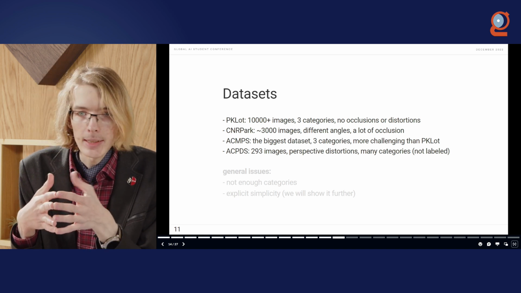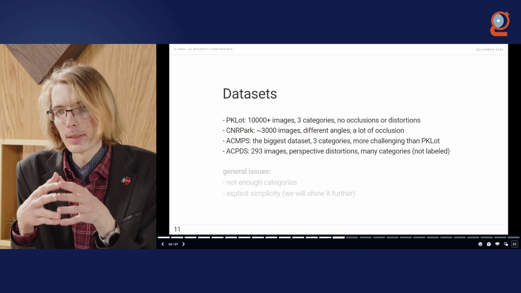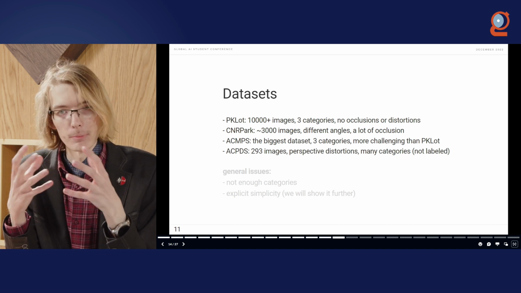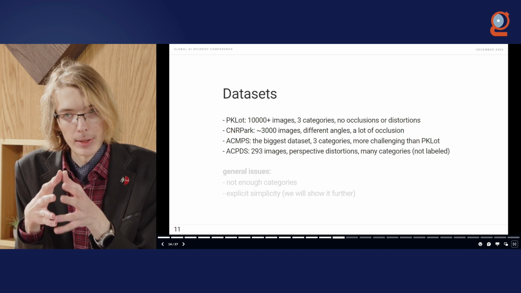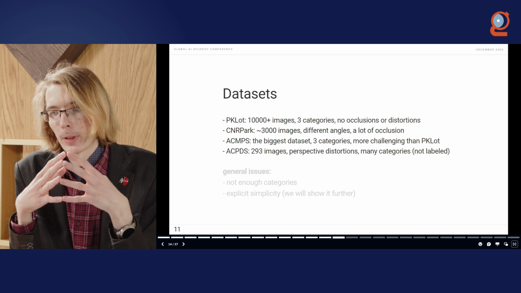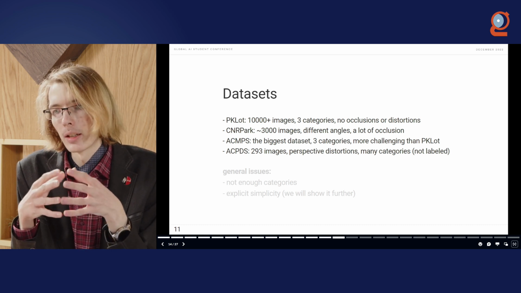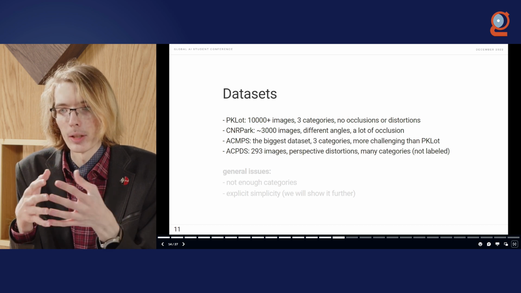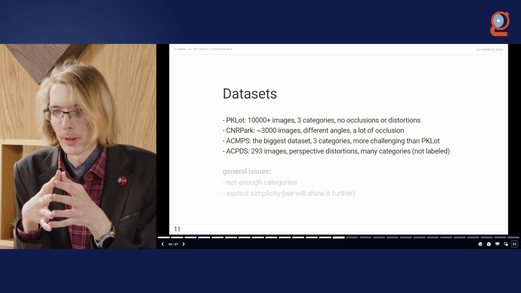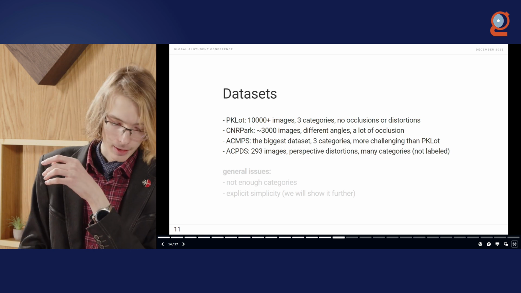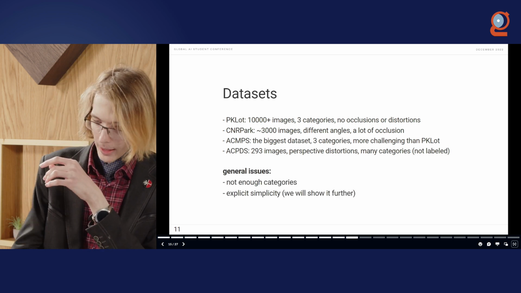And the ACPDS dataset is the smallest. It's simply tiny. However, it consists of images with perspective distortions, and there are a lot of categories of data, yet they are not annotated well enough to use.